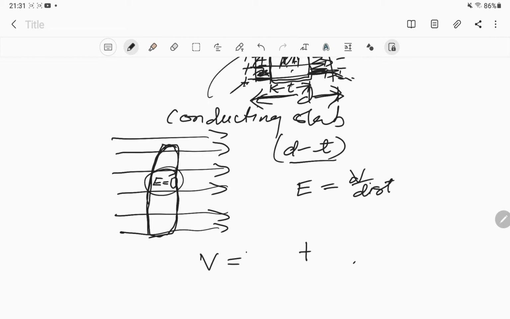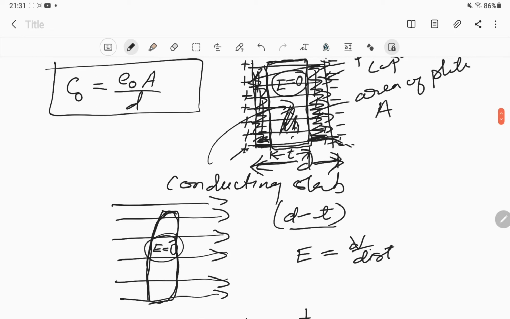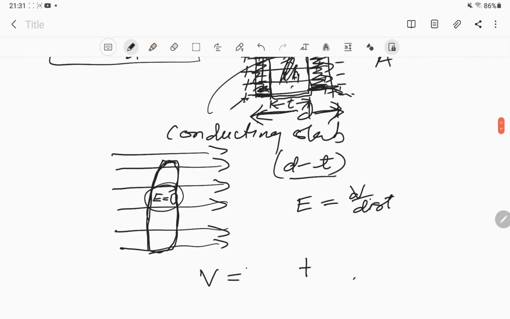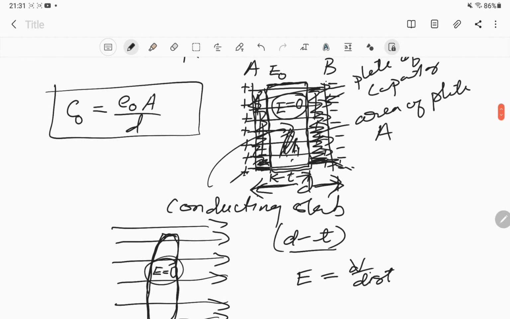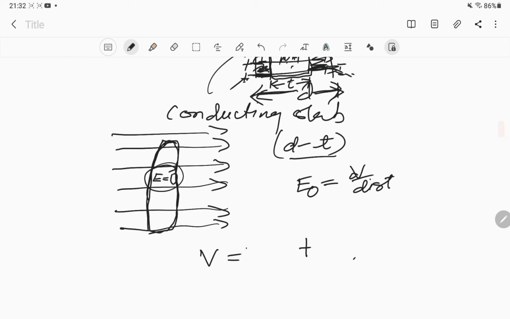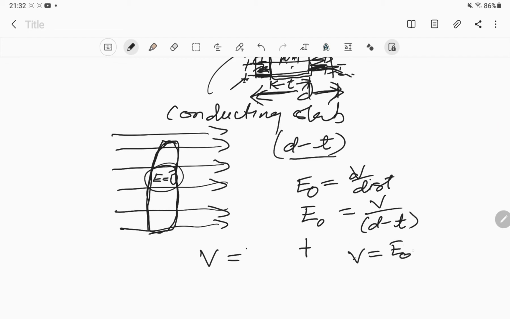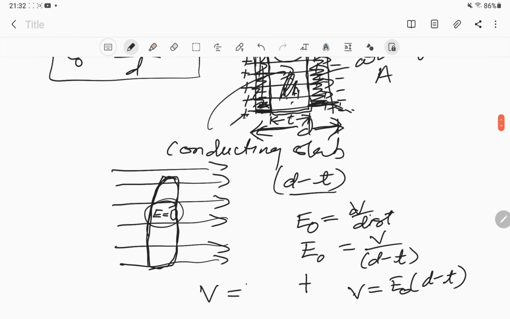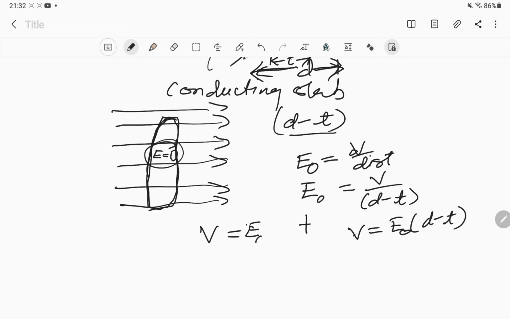Over the space D minus T the electric field is E naught, so E naught equal to V by distance, with distance D minus T. So we have V equal to E naught into D minus T. This is the potential over the space D minus T.